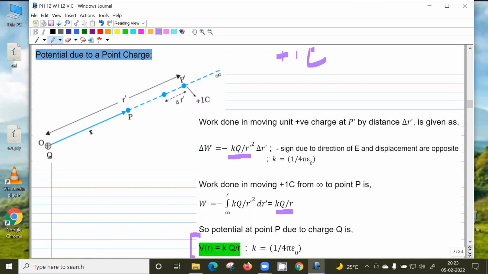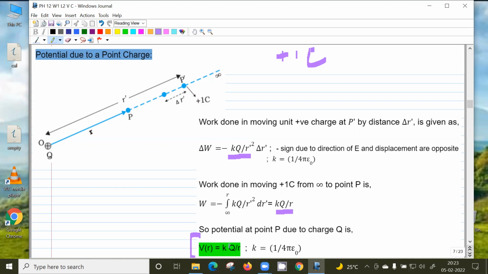Yes, sir. If you differentiate 1 by r, you will get minus 1 by r squared, and you have to take the negative gradient. Electric field is the negative gradient of potential. So that negative will cancel with the minus, so it will become kQ by r squared.